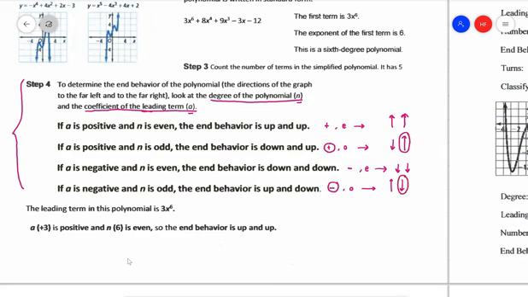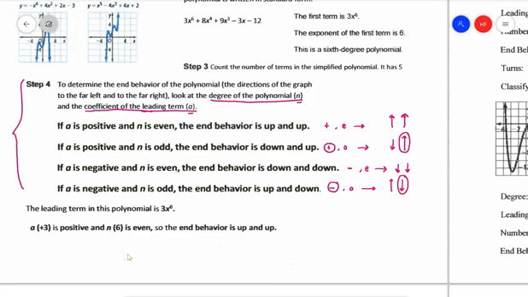So if you have an odd graph, if the coefficient is positive, your last arrow will be up, but you will have opposites. And then if A is negative, your last arrow will be down and you will have opposites as well. So the more examples we do, the more this is going to make sense.